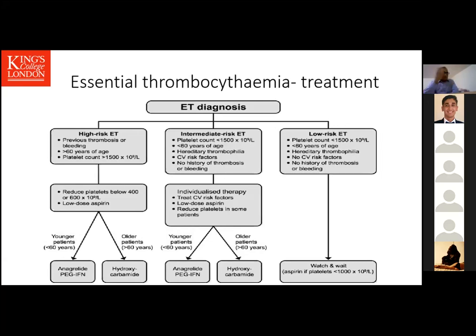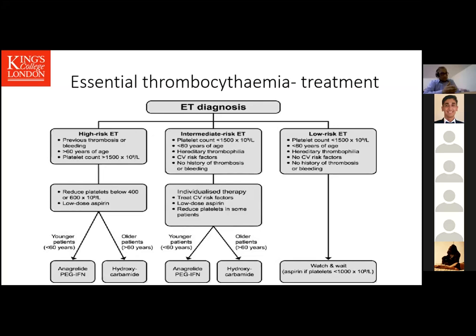And if you don't have any of these things, then risk stratify these patients. Intermediate risk, where the platelet count is not above 1500 but is still high, the patient is not above 60 years old, the patient has got CV risk factors, previous myocardial infarction, or is diabetic or hypertensive, but no bleeding or thrombosis history.